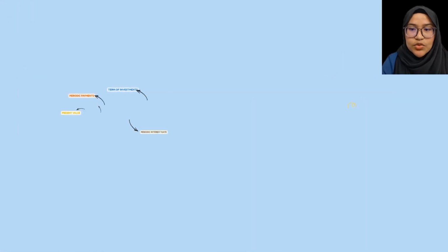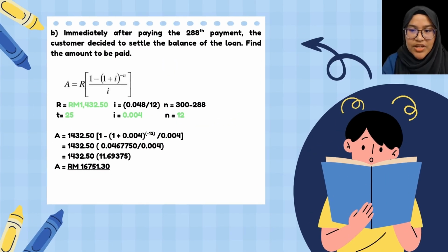So A equals to 1,432 ringgit 50 cents in bracket 1 minus 1 plus 0.004 to the power of negative 12 over 0.004 close bracket. So we solve in the main bracket first, so we get 11.69375. And we times with the 1,432 and 50 cents, and we get A equals to RM 16,751 ringgit and 30 cents.